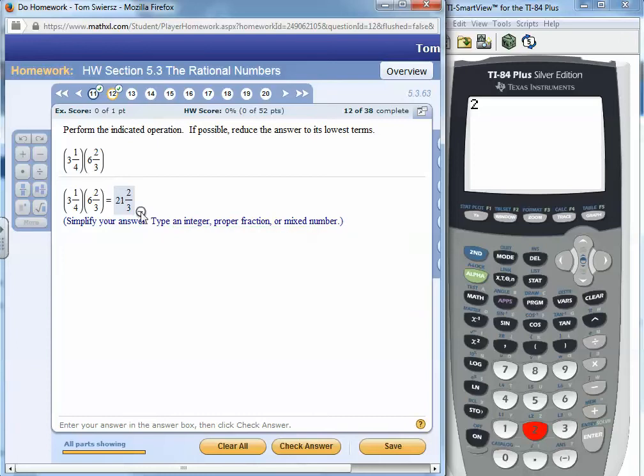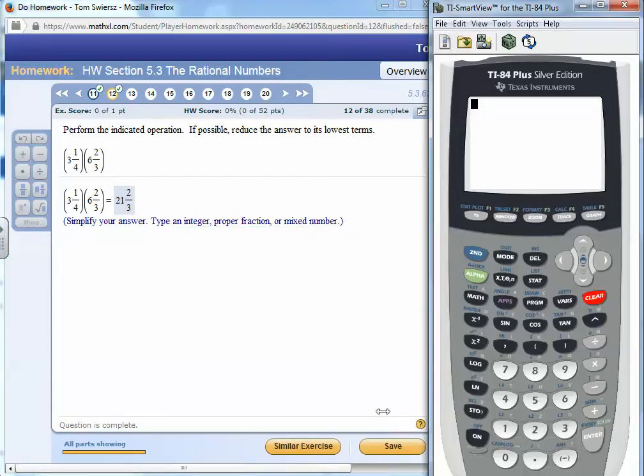All right, now on the calculator, you can do it again as a mixed number. If you have an old 83, you can do the whole number plus the fraction part. So 3 1/4, you can put in, you've got to have parentheses though, 3 plus 1 divided by 4. That represents 3 1/4. Now we're multiplying, so you can just use the parentheses, you don't need to do multiplication.